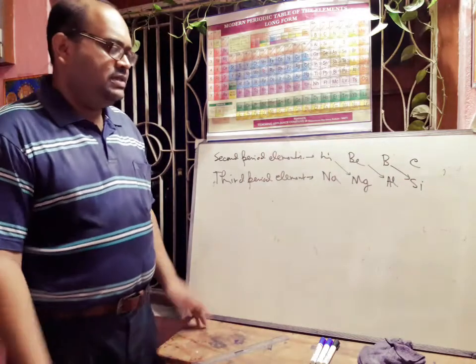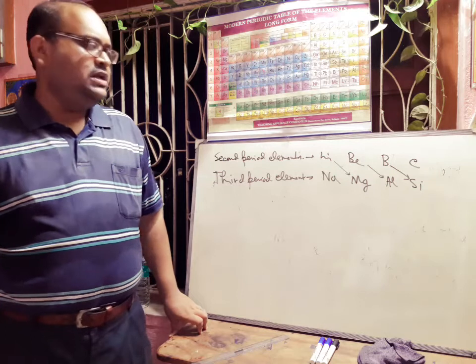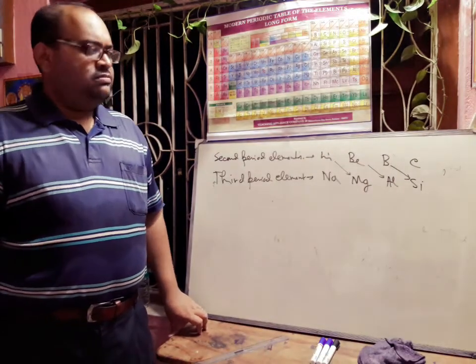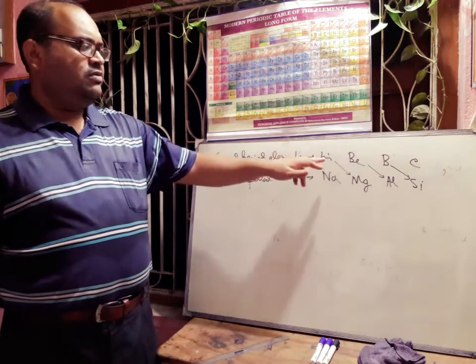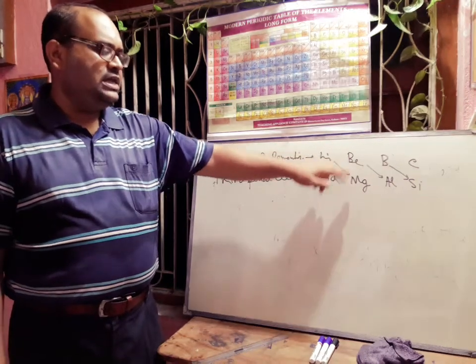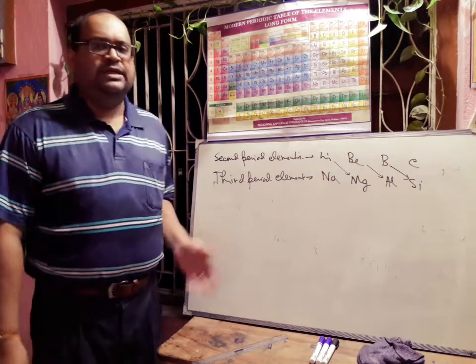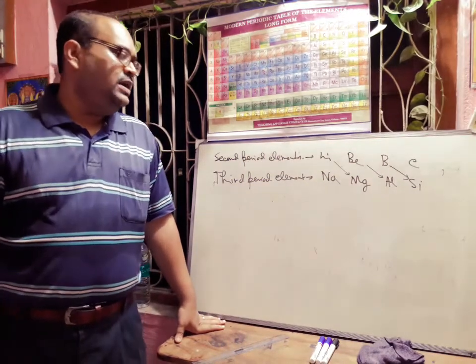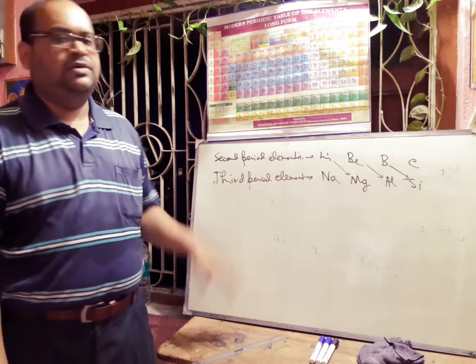So overall it remains the same. We can also explain this using ionic potential. Going from here to here it will increase and then decrease, so overall it remains the same. In this way we can explain the diagonal relationship of certain elements of the second period and third period.